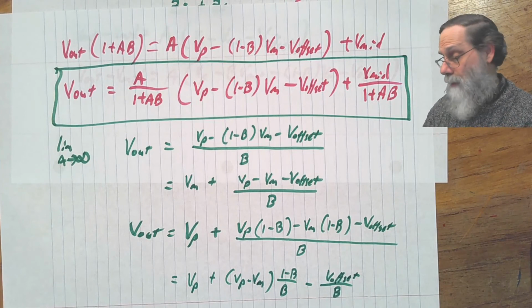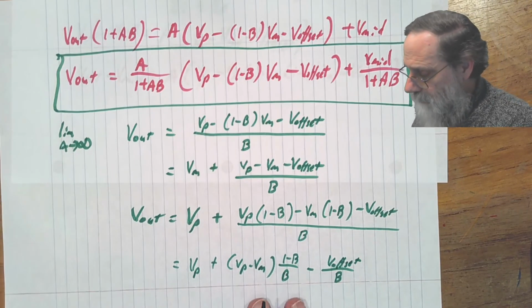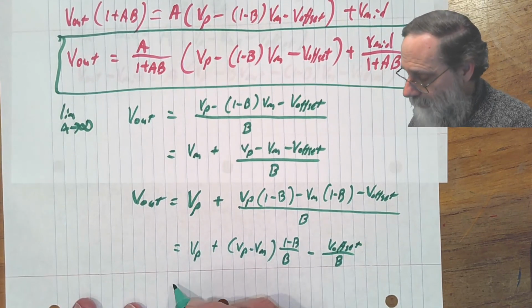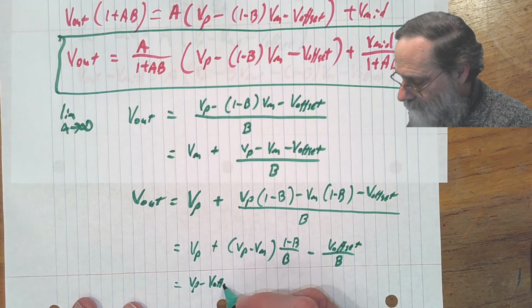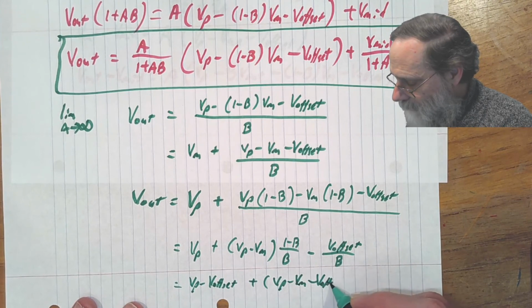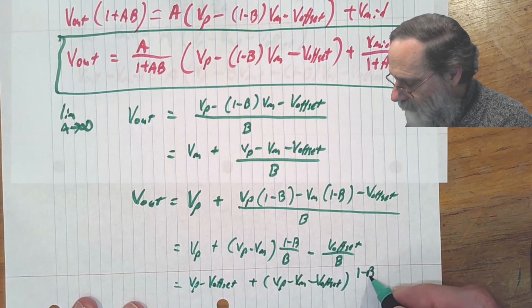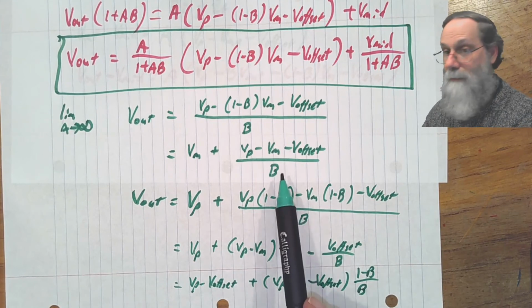Okay, and if you wanted to get this thing in terms of 1 minus B over B, we could go just a little bit further here and say this is equal to Vp minus V offset plus Vp minus Vm minus V offset times 1 minus B over B. So in both cases we've got a gain here.